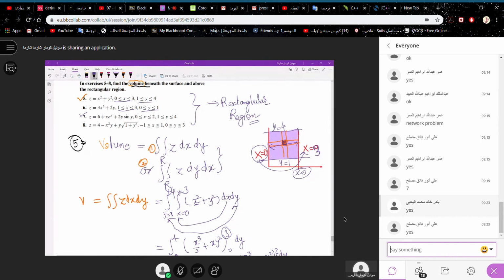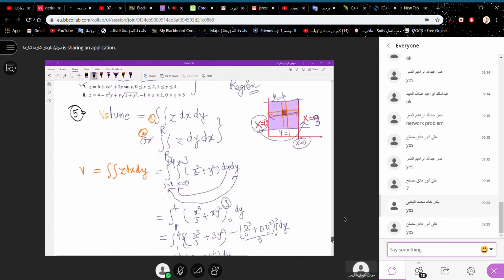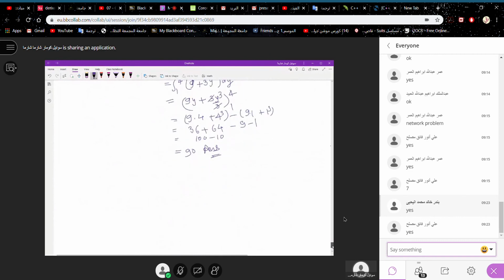This is z equal to 6 plus x e to the power x plus 2y sin y.